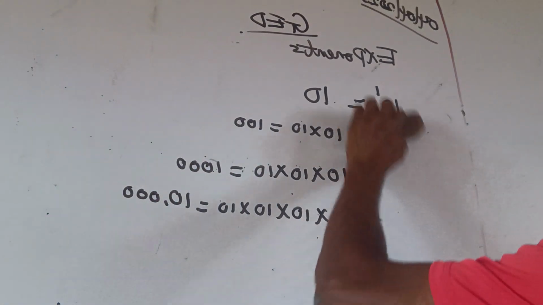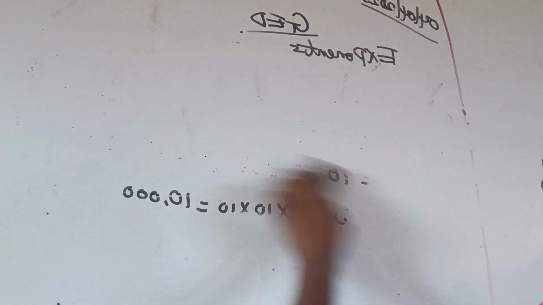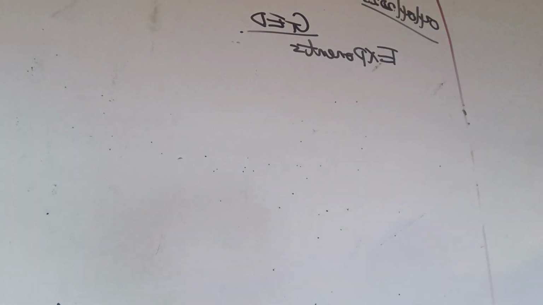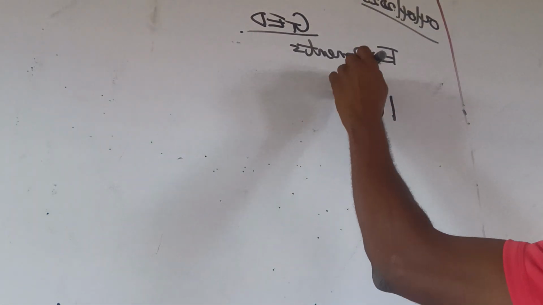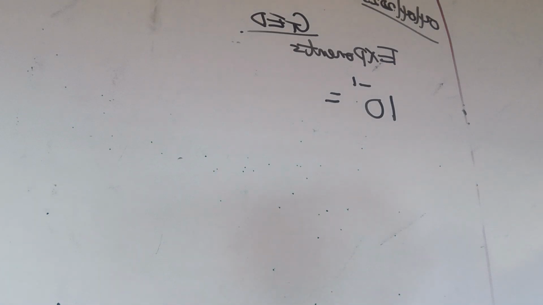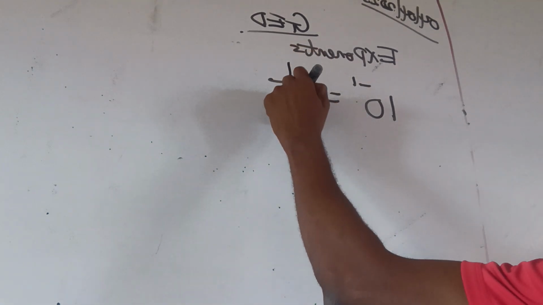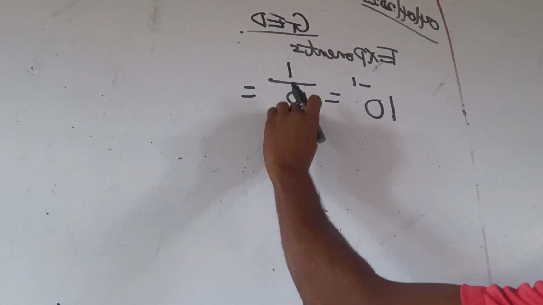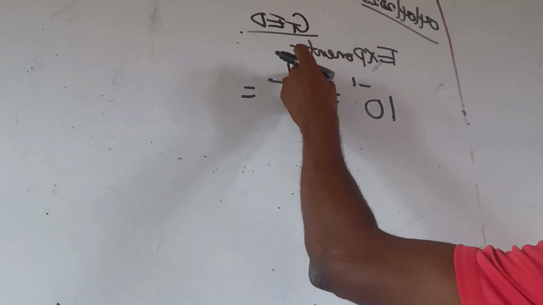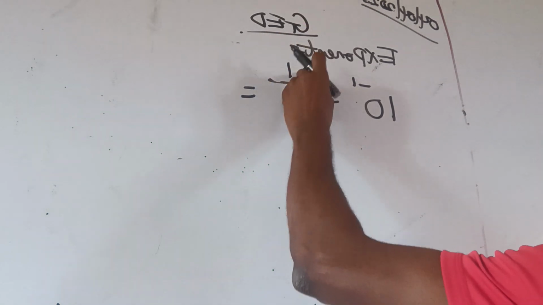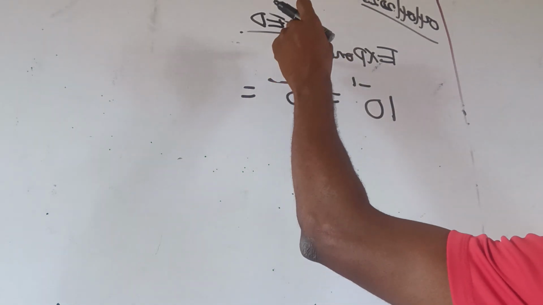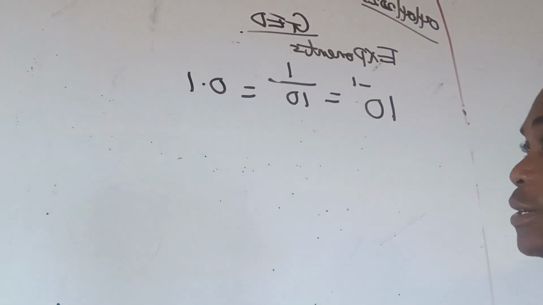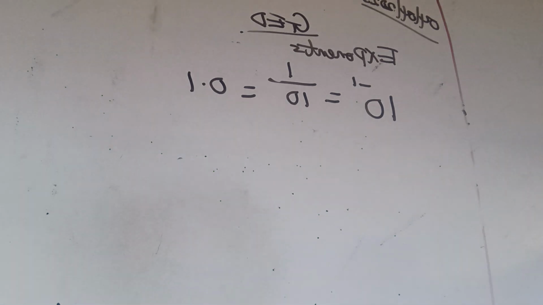Taking a look at what is stated, 10 raised to the power minus 1 means 1 over 10. 1 over 10 in decimal: since it is just 1 zero, I move the decimal once, from right to left. So it's going to give me 0.1. So 1 divided by 10 is 0.1.